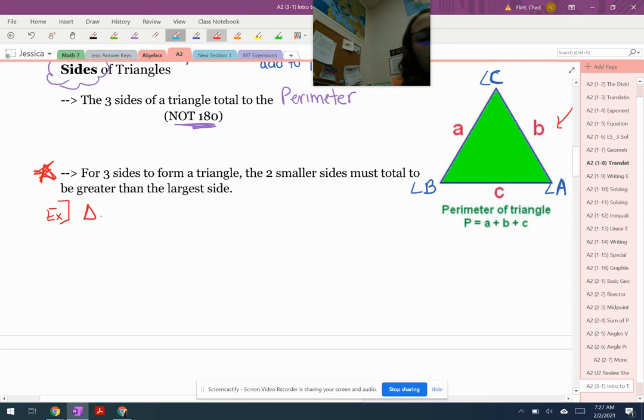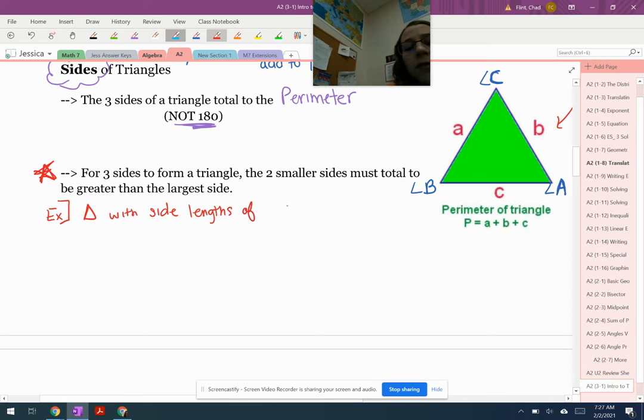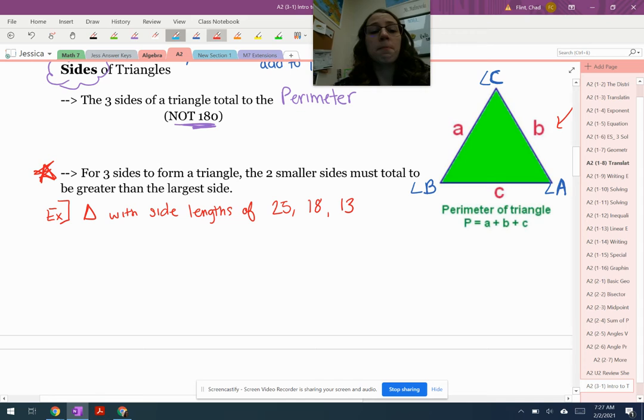So if I have a triangle with side lengths of, let's say, 25, 18, and 13. Is it possible to have a triangle with side lengths of 25, 18, and 13?